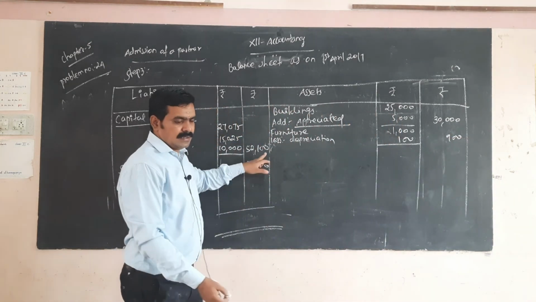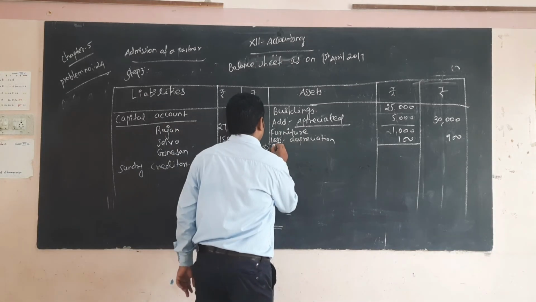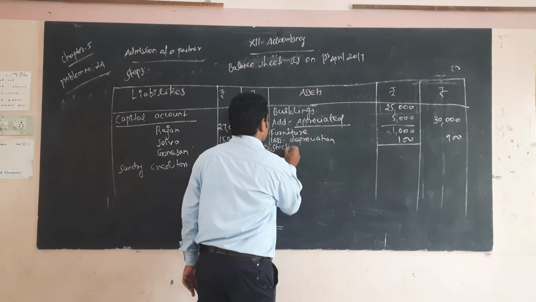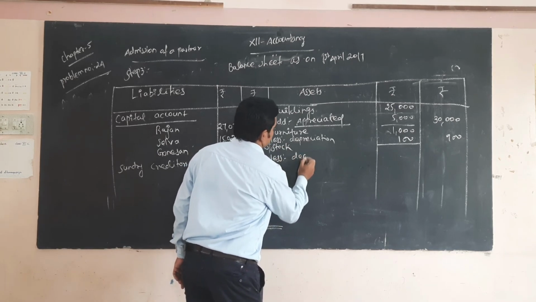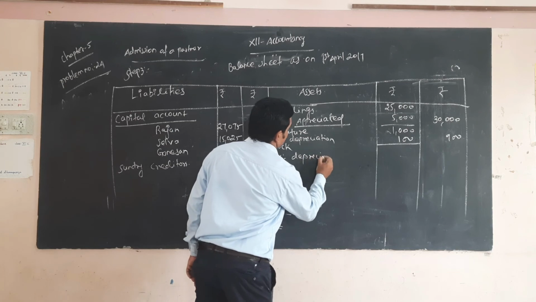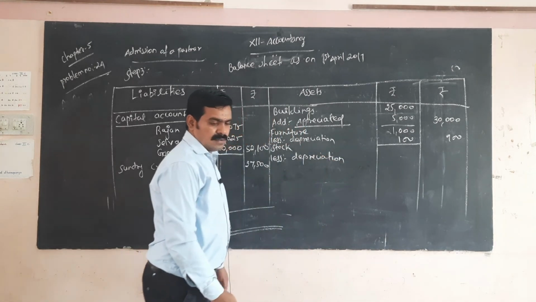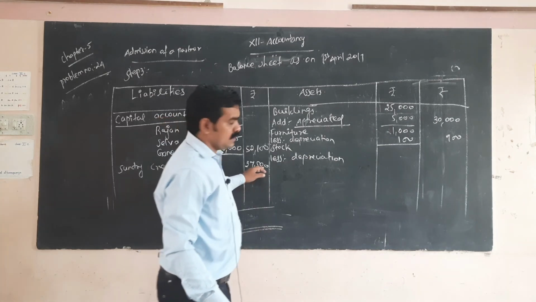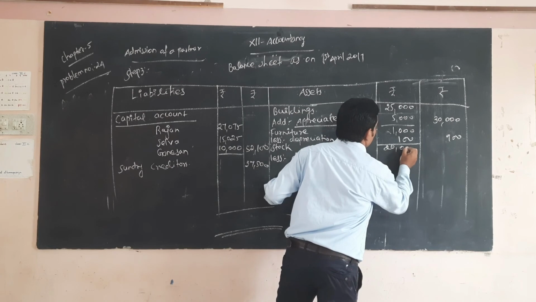Next, stock also depreciates: stock less depreciation. What is the amount? 20,000.